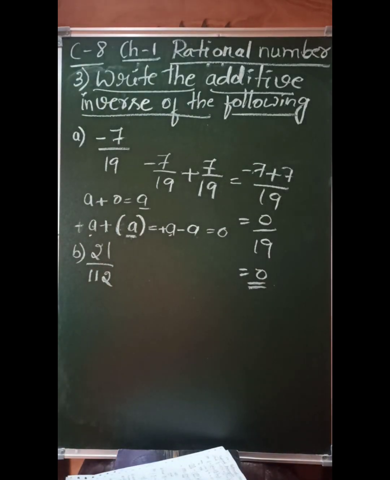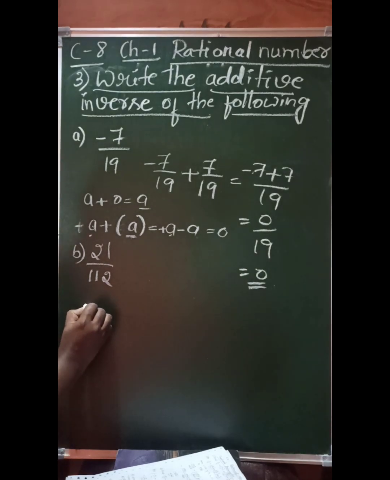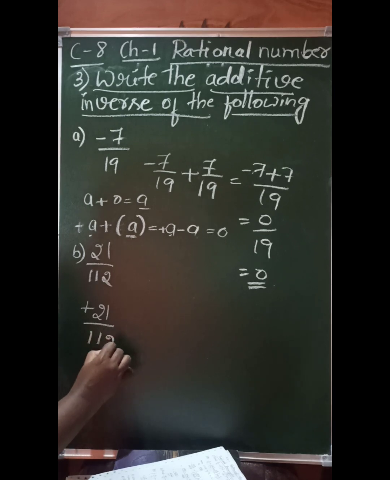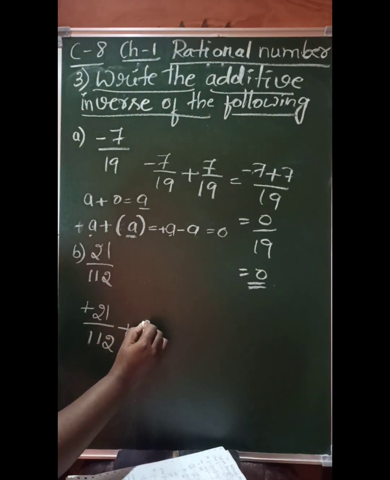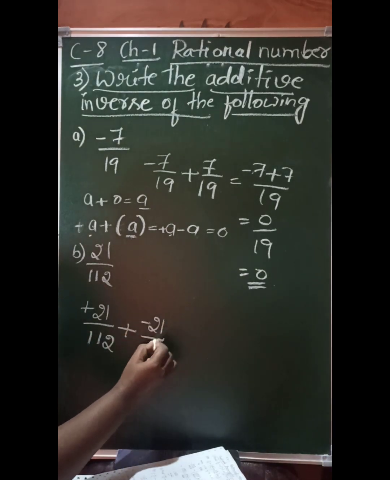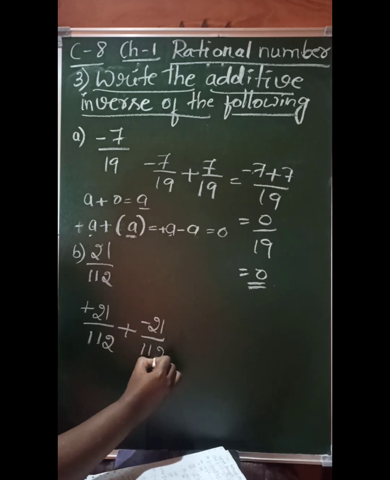See the second one, they gave it in positive, that is plus 21 by 112. So think once what you can do here. When they give it in negative, you consider it as positive. Now they gave it in positive. How can you solve this one? By considering it in negative, that is you have to add negative 21 by 112.